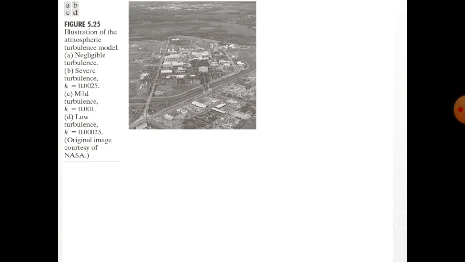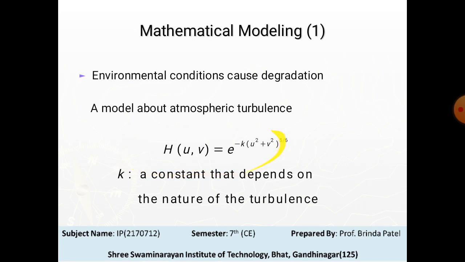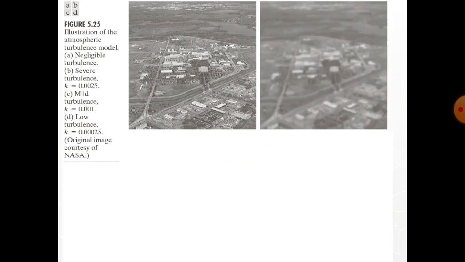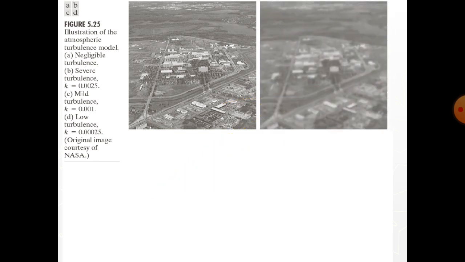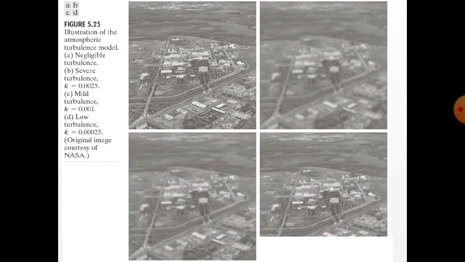This shows the example obtained by simulating blurring of an image using this equation. It has a value of k equal to 0.0025. k is equal to 0.0001 for mild turbulence, and k is equal to 0.00025 for low turbulence. All images are of size 480 by 480 pixels.